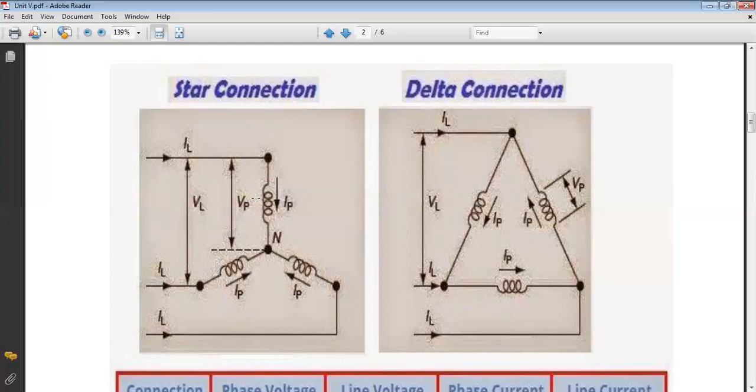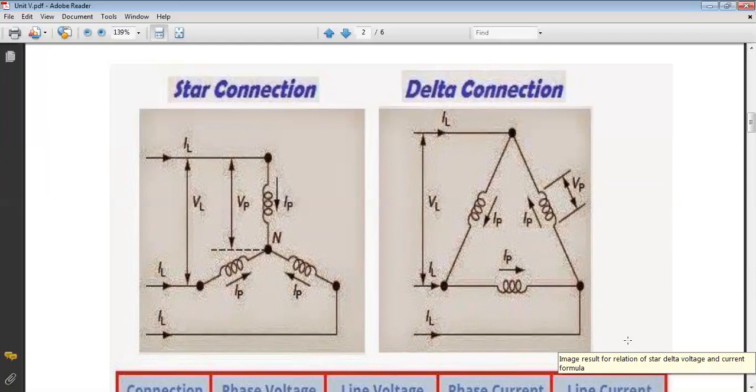Means if you connect either the starting points or the ending points together, you have a star connection. But when you connect the opposite terminals, means the starting point connected with the ending point, then it will form a triangle, which is known as delta connection.